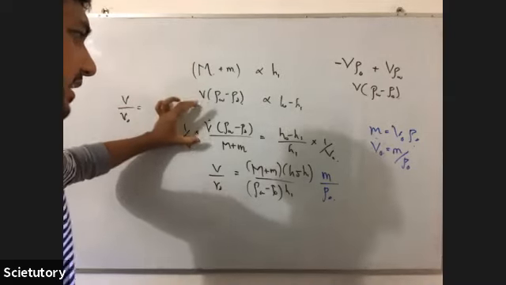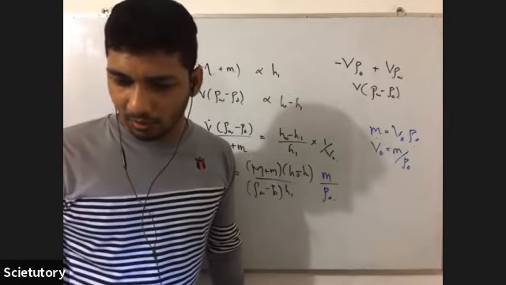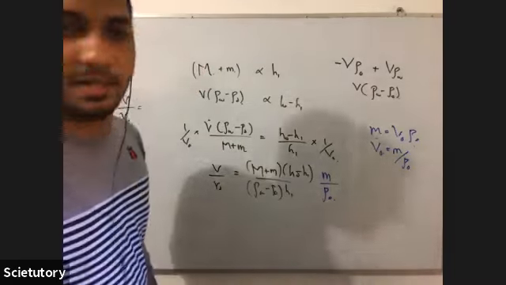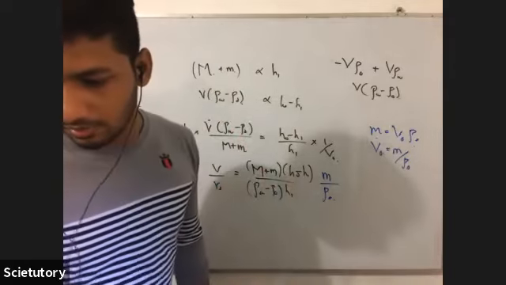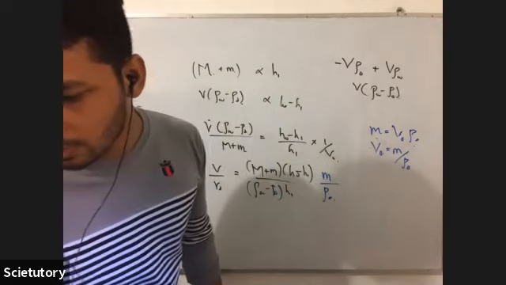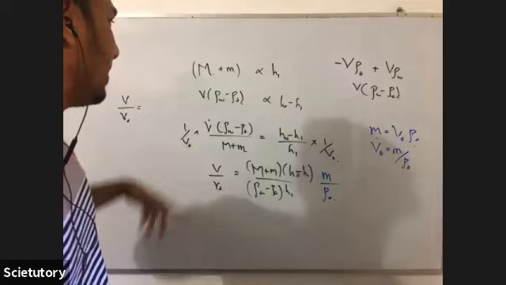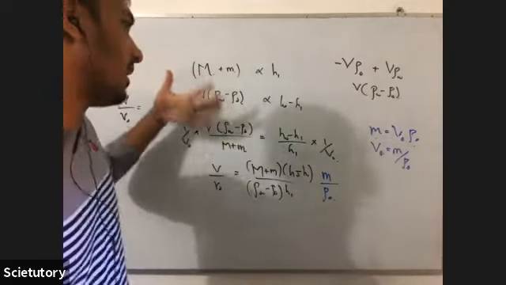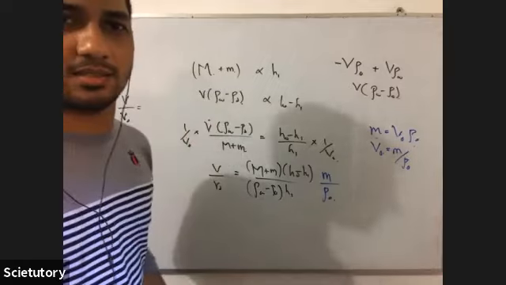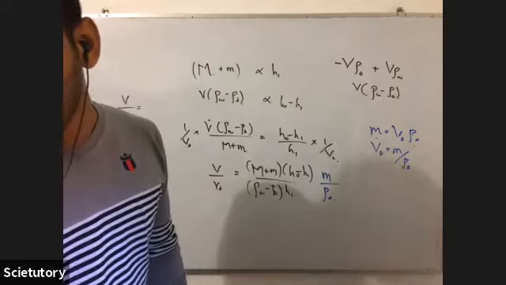After writing this equation, straight away I mark the answer, because not all the options have these components. Some have M minus M, so you can eliminate those answers. The only option that contains this and this without any unnecessary components is the first answer. So I just mark the first answer. You can do that if you don't have time.